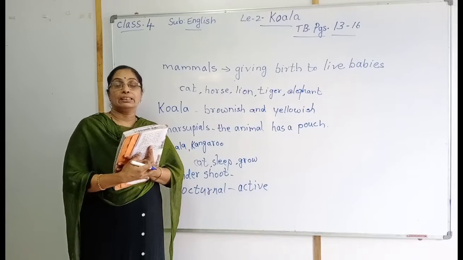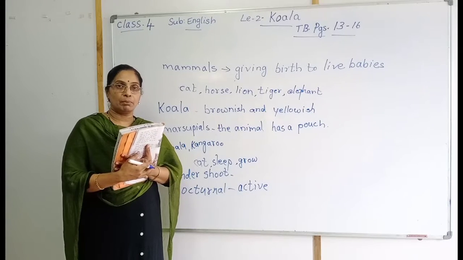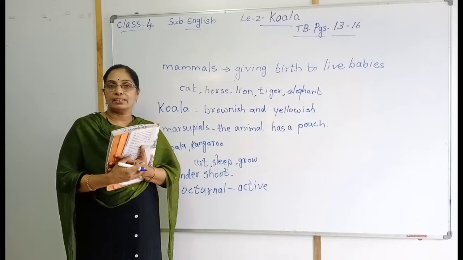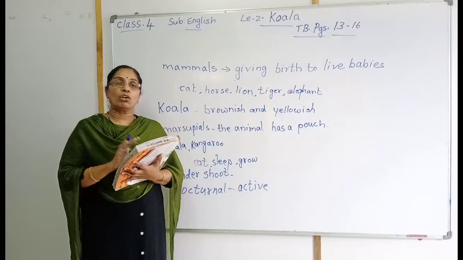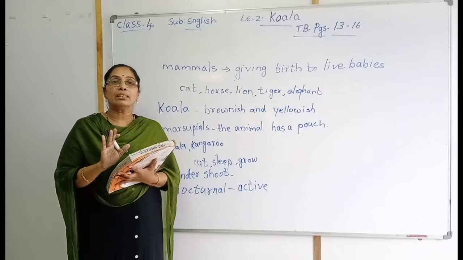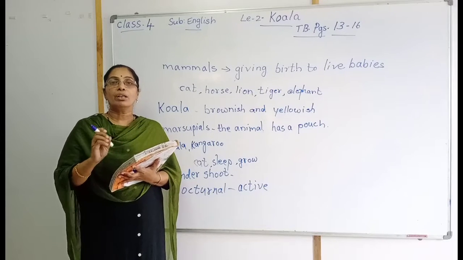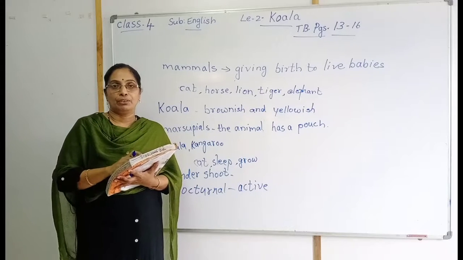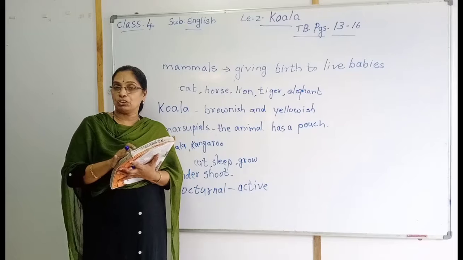The horse lives in the stable, the dogs in the kennel, birds in the nest. But this koala does not have a nest or any home. They are living on the trees themselves. Which tree, children? Eucalyptus trees.